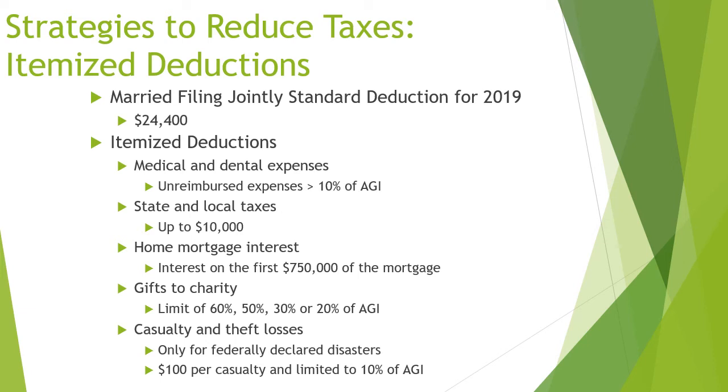If your gift is to a qualified charitable organization and is in cash, you can use 60% of AGI as a ceiling figure for your deduction. You are limited to 50% of AGI if you make a non-cash contribution to a 50% limit organization and 30% if you contribute capital gain property.